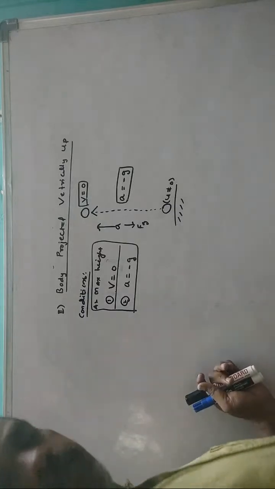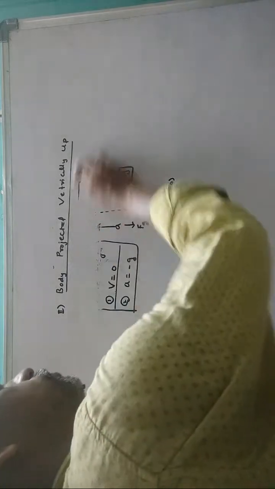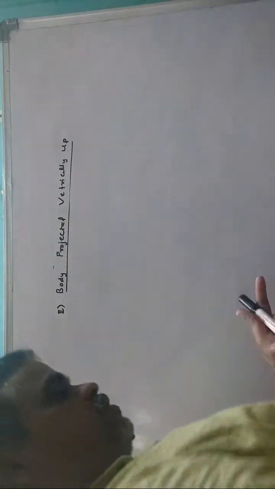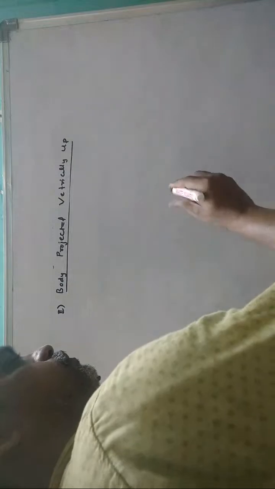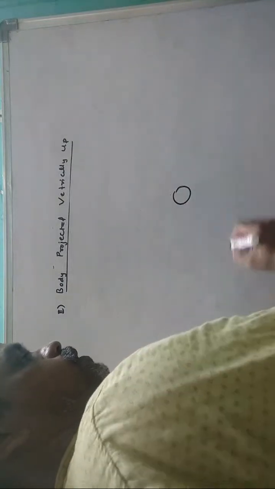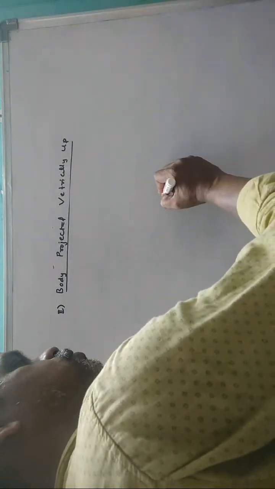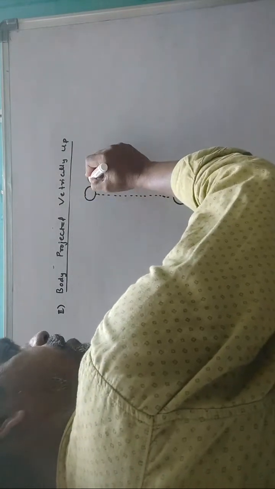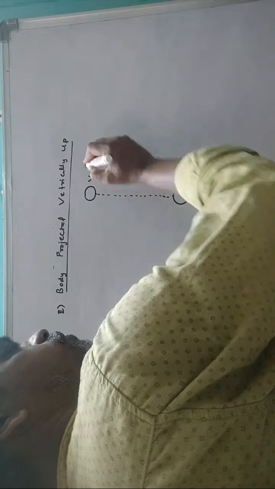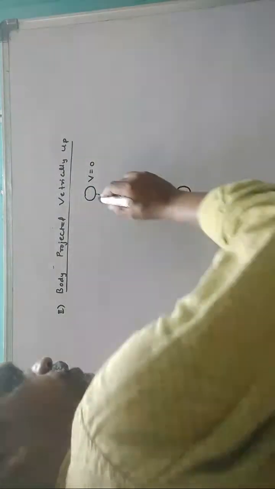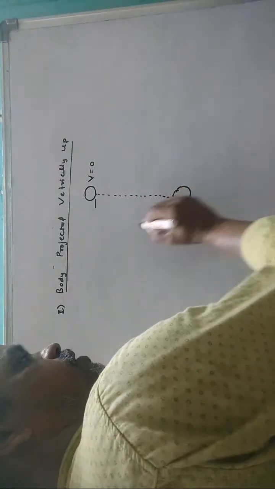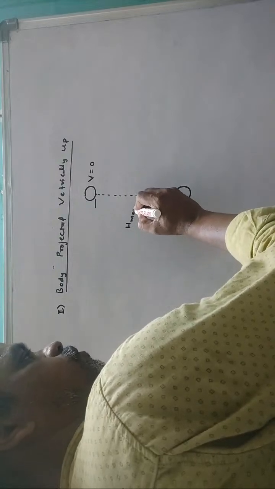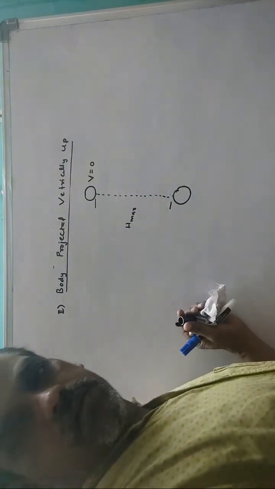Okay, next I am giving one more. A body projected vertically up. This is the body, it is going perpendicularly up. This is the maximum height, h max.